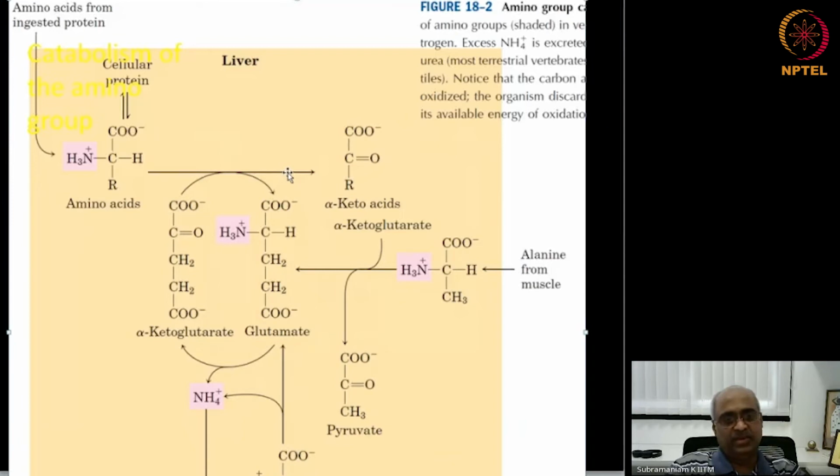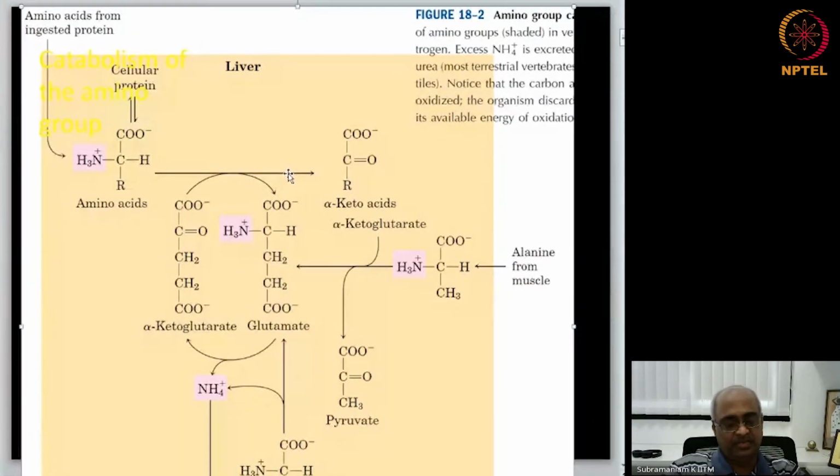So the next one we are going to see is a vitamin that plays an important role in transamination reactions, where the keto group and the amino group of a keto acid and an amino acid exchange. They swap, turning the keto acid into an amino acid and the amino acid into a keto acid.